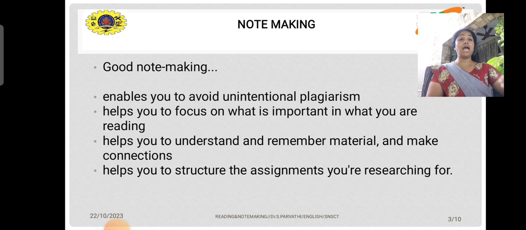So if I ask my students to do note making after giving the passage, the first thing we teach them is do focus, give your full attention, read the passage line by line, read the passage thoroughly.